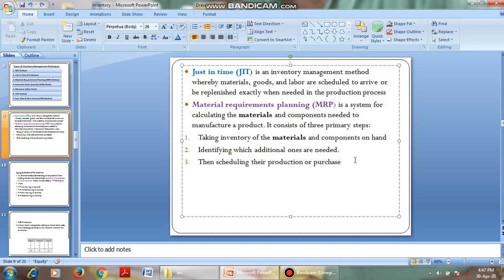It simply says that it is calculating the material components needed to manufacture the product. That is, we will calculate how many raw materials are required for this production. Only that much raw material we will purchase. That is called material requirements planning.